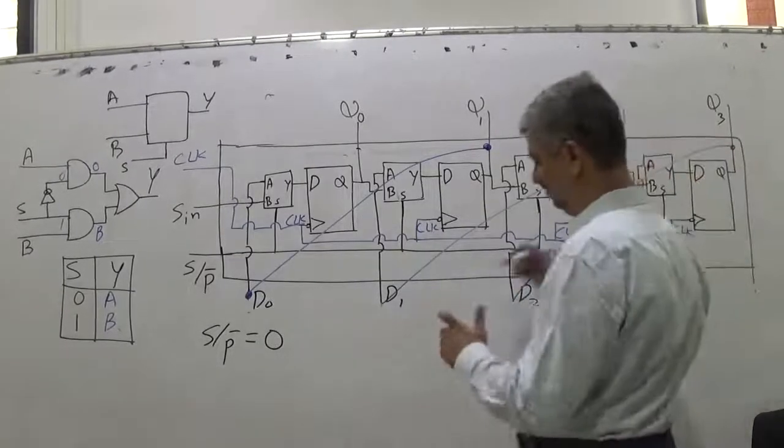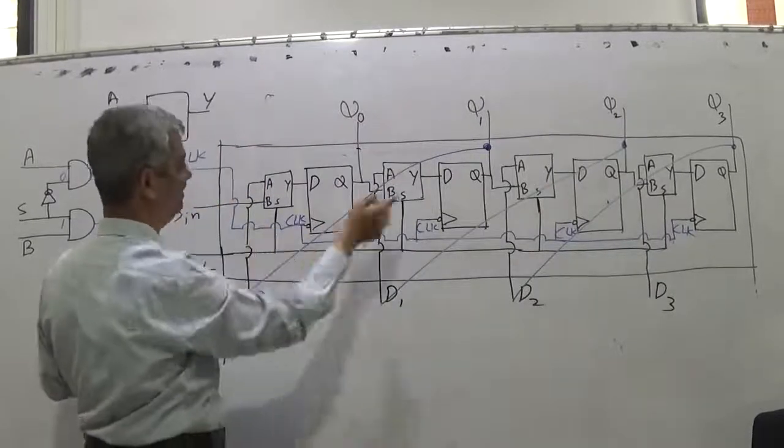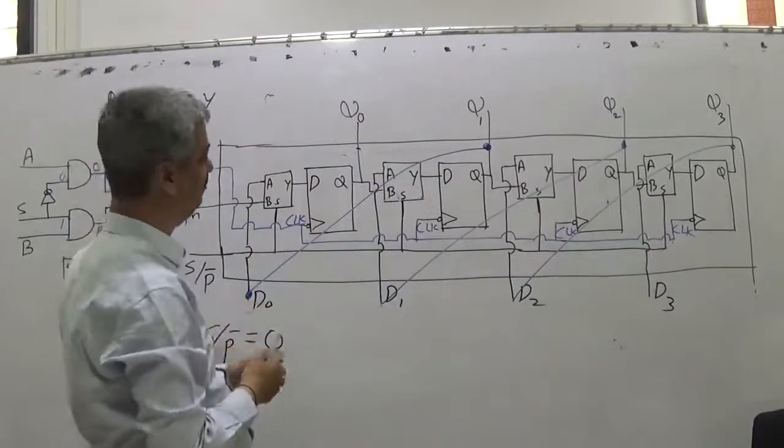This time I am not using the convention of skipping the line, because it will be too long. So now what happens?